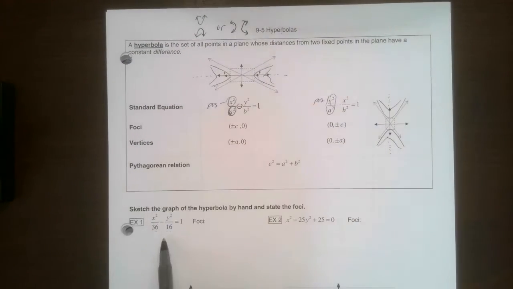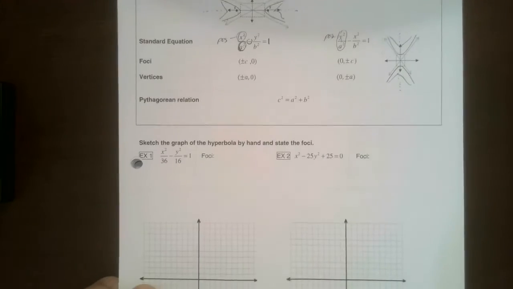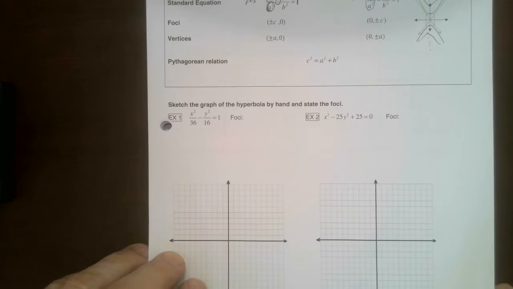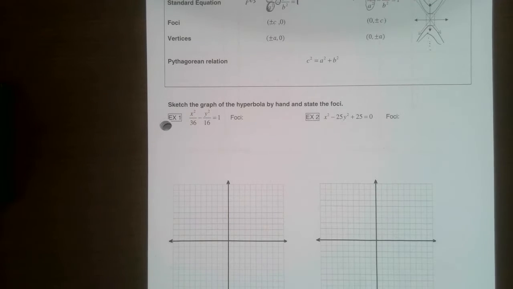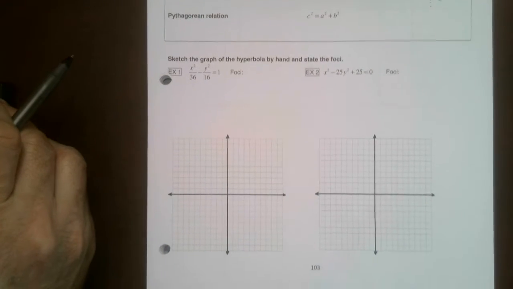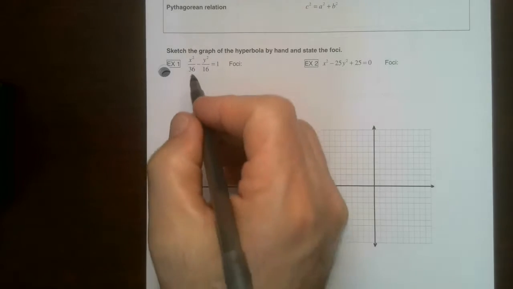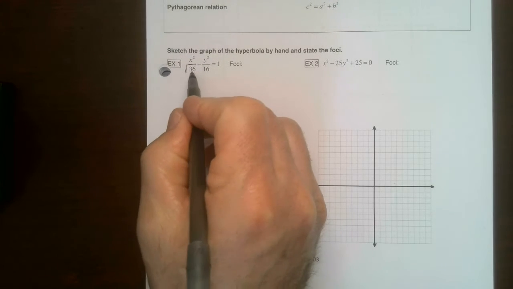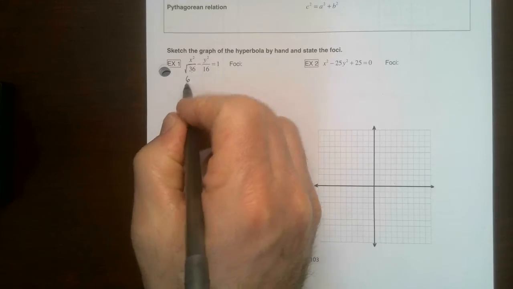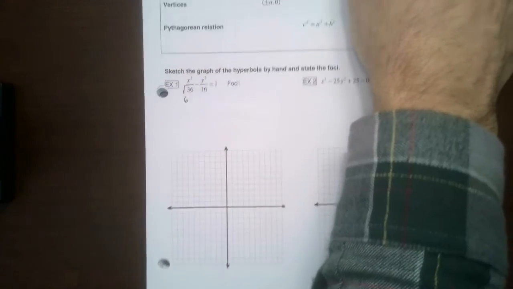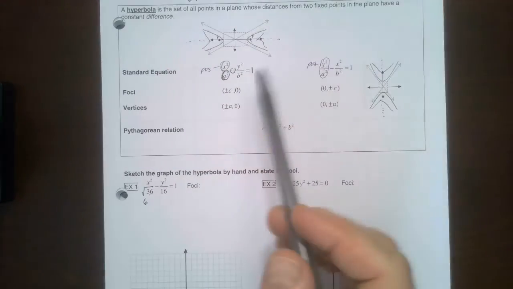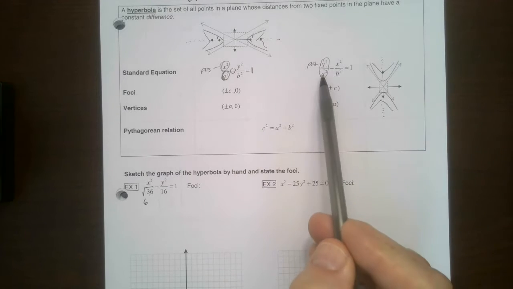Now, on this one, again, you've got to watch the pre-lesson for this to make total sense. According to the pre-lesson, we just take the square root of that, and we get 6. Because again, it's very important you understand this: a squared just comes first.